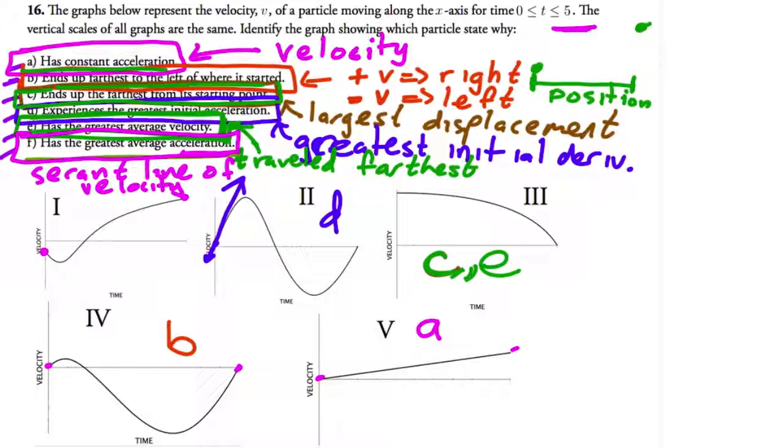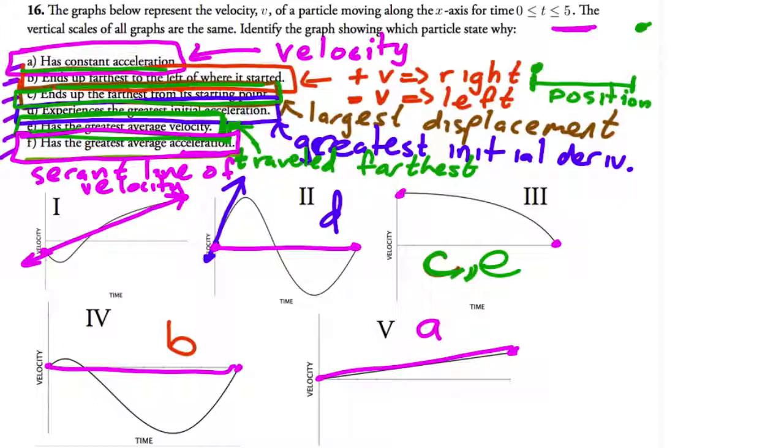Which one has the greatest change? Well, this one doesn't, because that's 0. This one's 0. This one is pretty small. I would definitely bet on this one, because this one has negative acceleration. So that would have to be this one right here that has the greatest average acceleration. So those two are a little tricky, but think about it and it'll make sense.